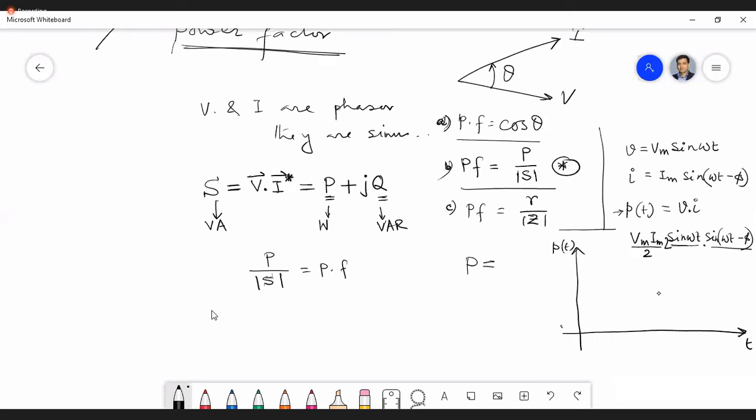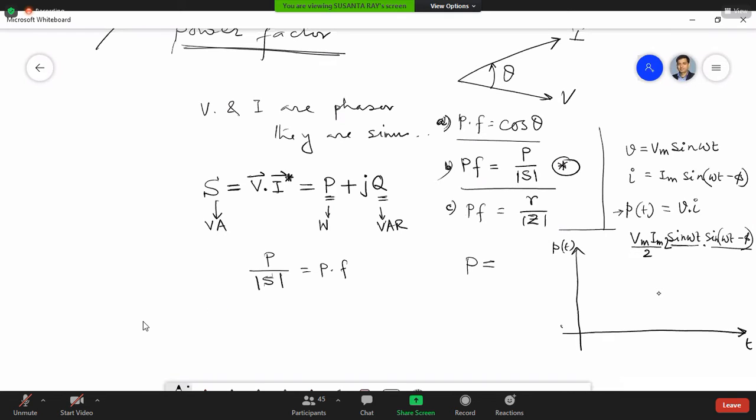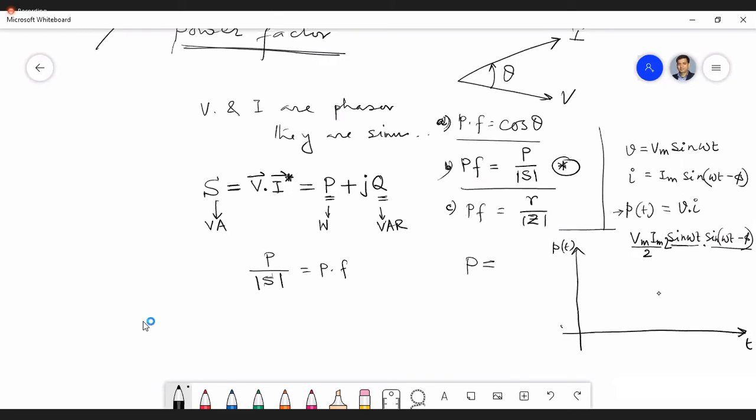Phase difference and frequency. What about the frequency? Twice the frequency, because here you have both omega t. So the frequency will be twice. Correct. So that means you will get a term like 1 minus cos 2 theta, isn't it? And that means you will have a double frequency component.